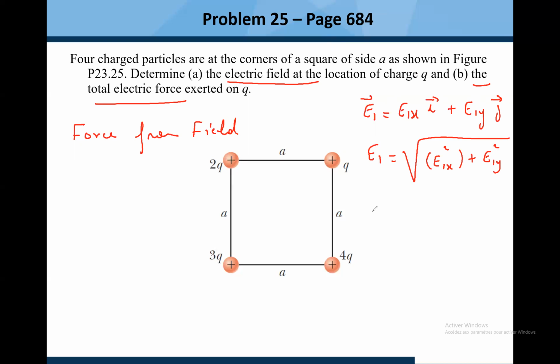So the magnitude value of the electric force at the point Q, F at the point 1, equal Q, the charge Q, which is located at the point 1, times the field, the total field created at this point.